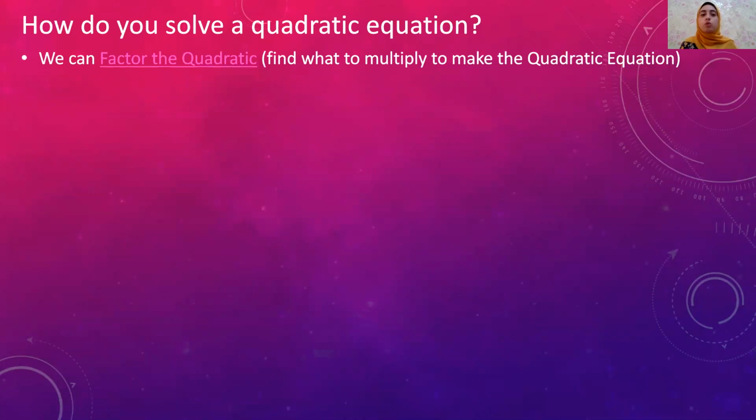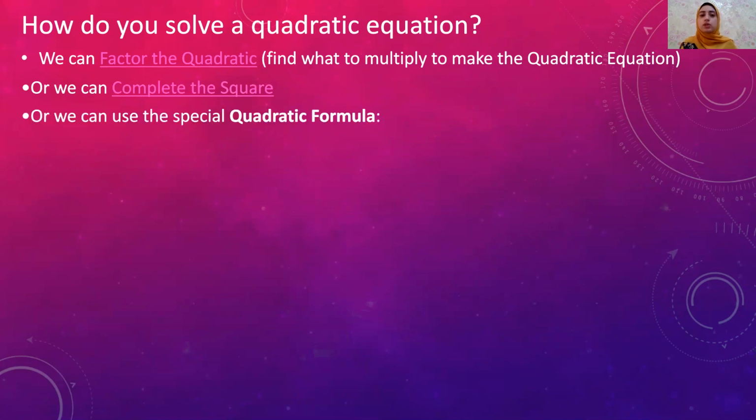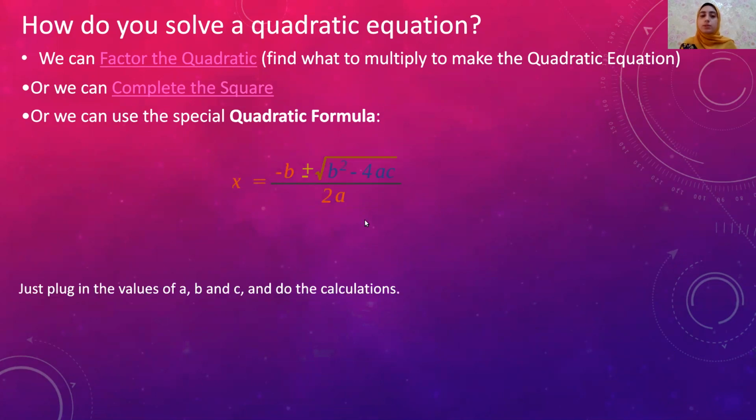Method number 1, we can factor the quadratic, finding what to multiply to make the quadratic expression. Number 2, we can complete the square. Number 3, you can use the quadratic formula, which is x equals negative b plus or minus the square root of b squared minus 4ac, all over 2a. Just plug in the values of a, b, and c and do the calculations.